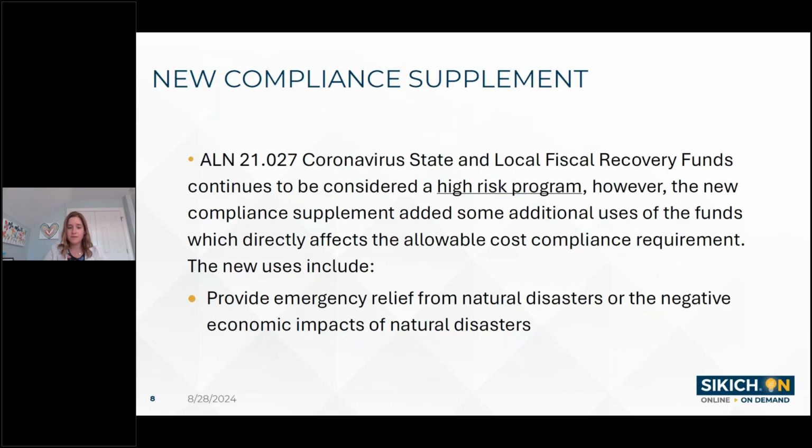There are a few additional uses of the funds that were included in the new compliance supplement, able to provide emergency relief from natural disasters or negative economic impacts of natural disasters. So a new use added there.